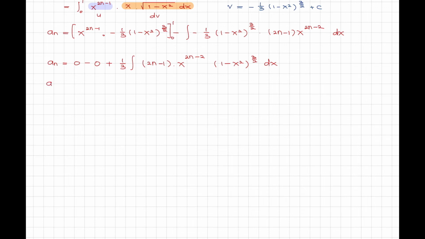So I will get An equals to, I think 2n minus 1 here, I will move it there.